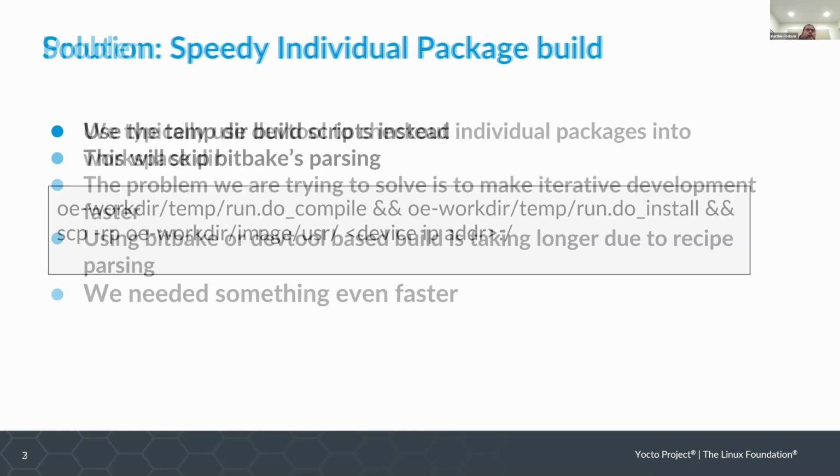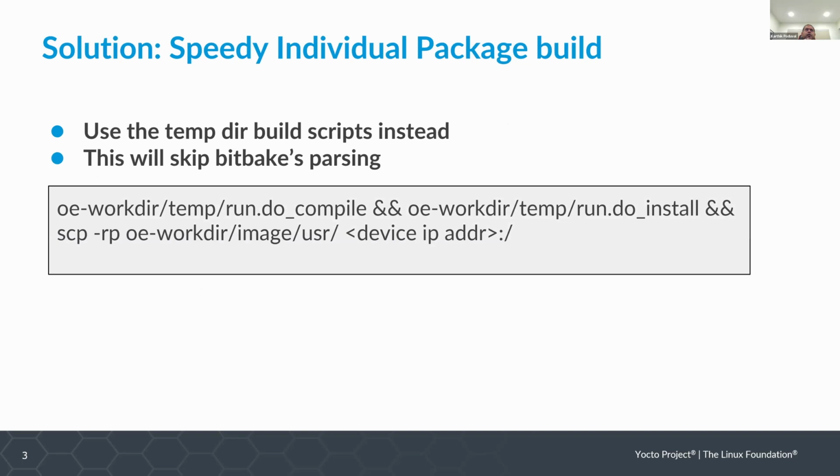One of the solutions here was to use the build scripts inside the temp directory. By running them directly, we skip the Bitbake parsing step. Once you DevTool a package, there is a symbolic link to OE workdir, and under temp there is a do_compile, a do_install, various steps of the Yocto build process.